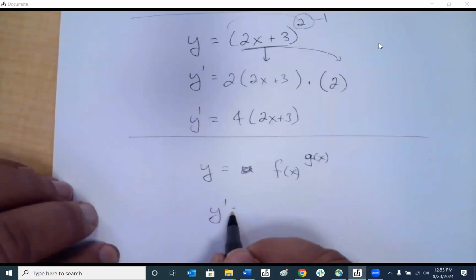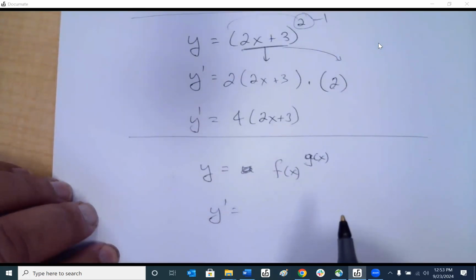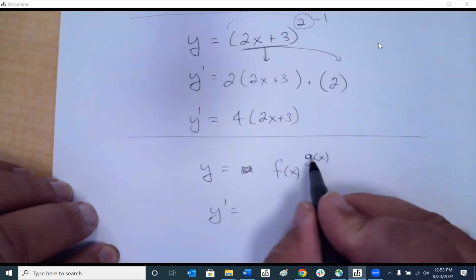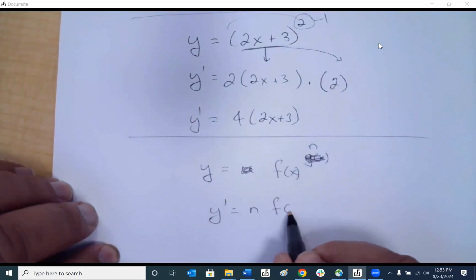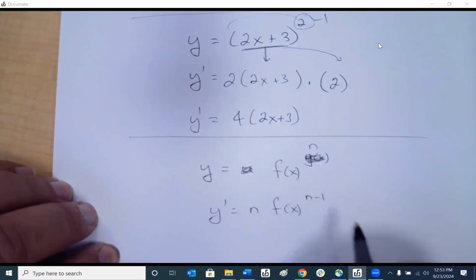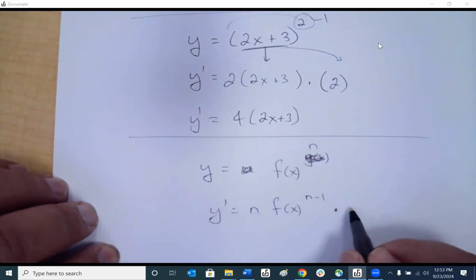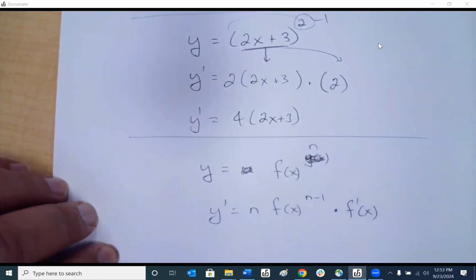So the derivative, no, we don't do derivatives, we just do, so it's n times f of x to the n minus 1 times the f derivative.